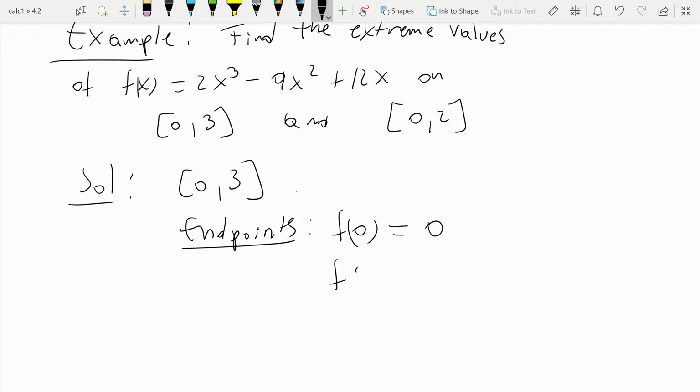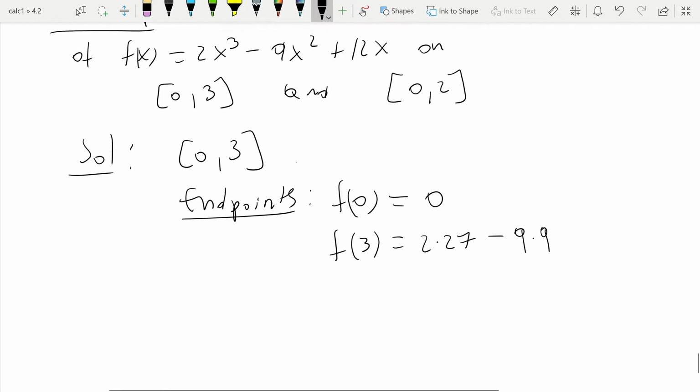f of 3 is equal to 2 times 27, since 3 cubed is 27, minus 9 times 9, so 3 squared, plus 12 times 3.